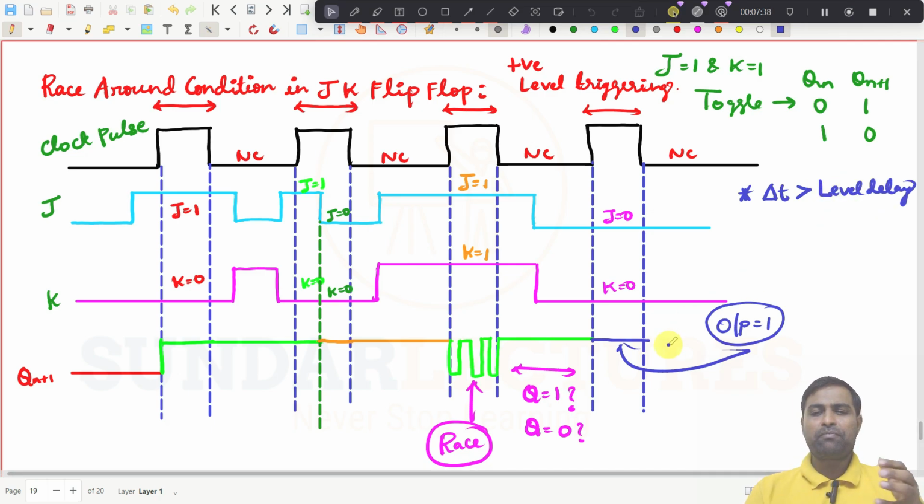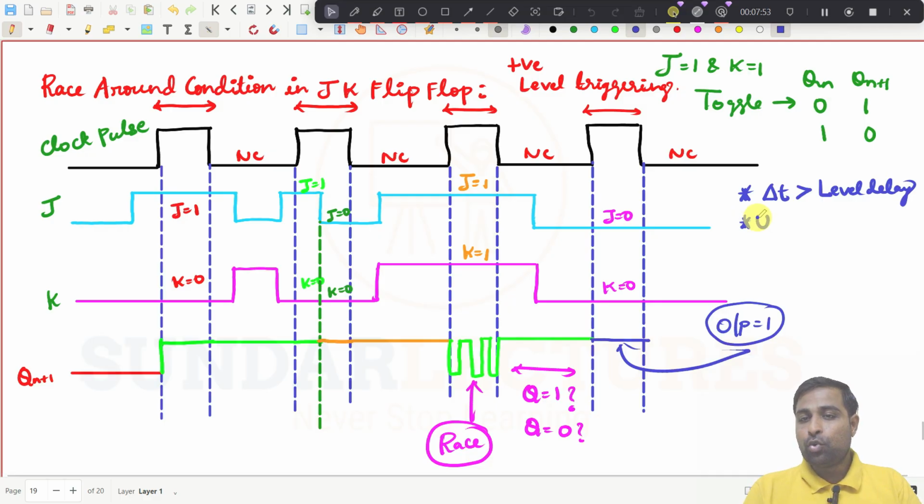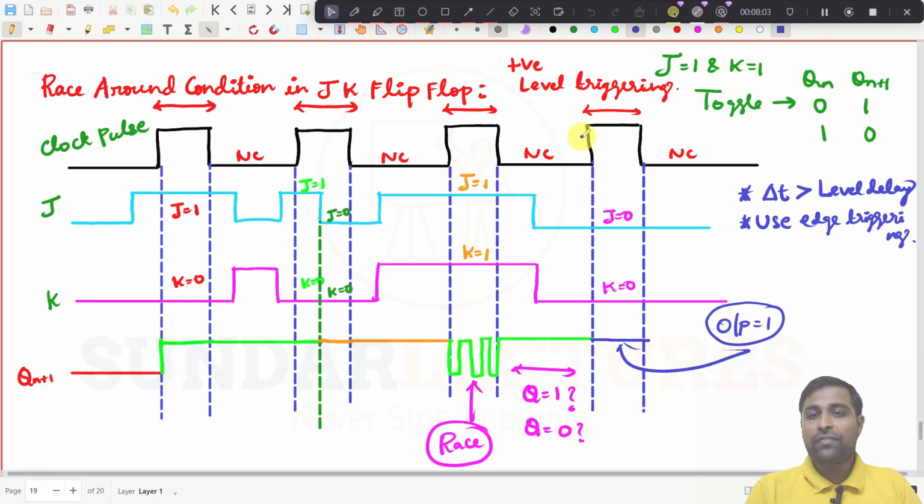If the flip flop takes more time than this period, then this will be at 0, and then I will get a proper output. That is one point. And use edge triggering. If I am using edge triggering, then it will be seeing at this point only.